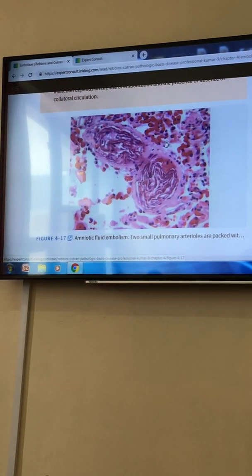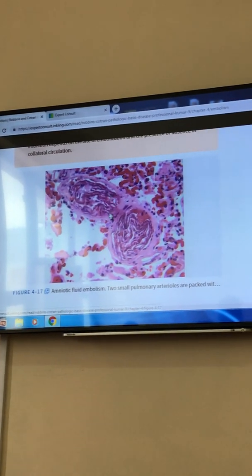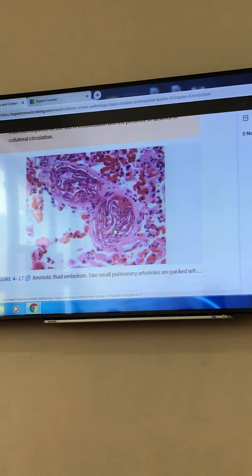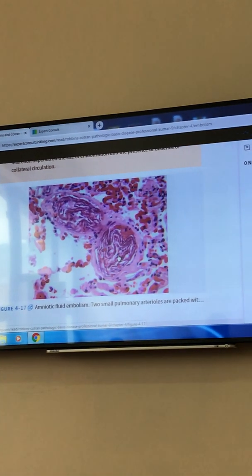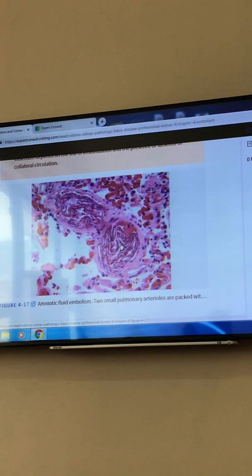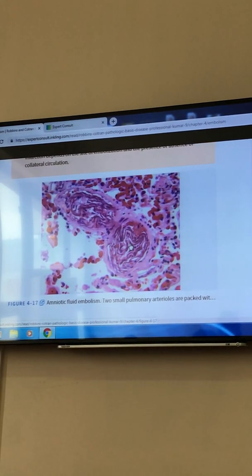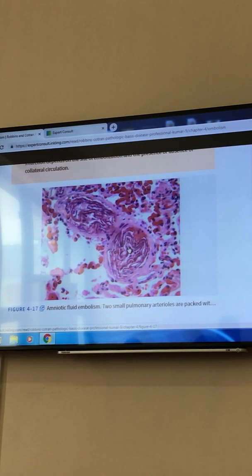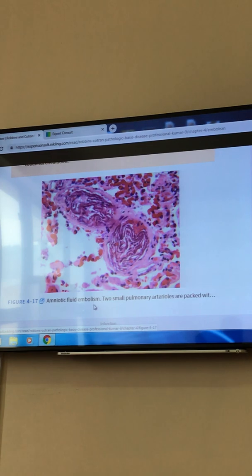Inside these arterioles, belonging to the amniotic fluid of the fetus, there are squamous epithelial cells or keratin, maybe hair, and also fat, vernix, the fat that covers the skin of the newborn. We may see fat, hair, or keratin. This is the sign of amniotic fluid embolism in the lung of the mother.